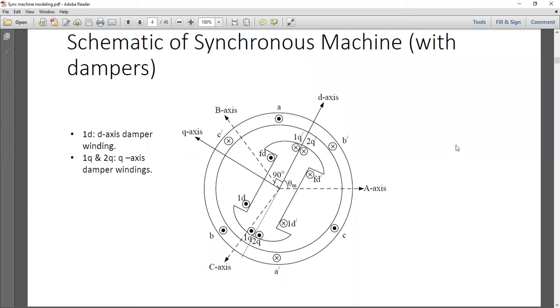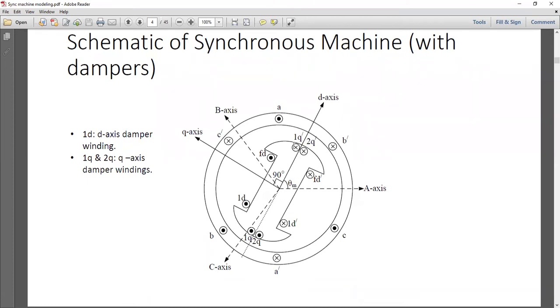Now can anyone tell us, if you look closely, the D-axis coils are placed here. Maybe anywhere along this line they can be placed.